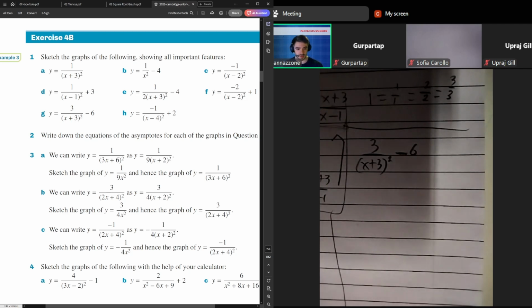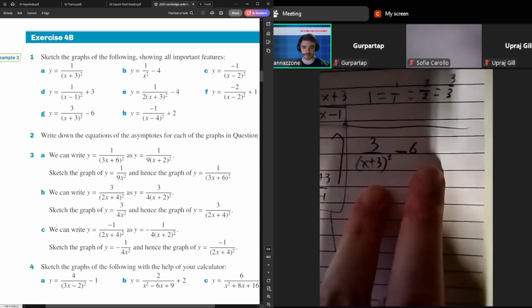Transformation factors, x minus 3 and y minus 6. Yeah, precisely. So you're looking at those translations.